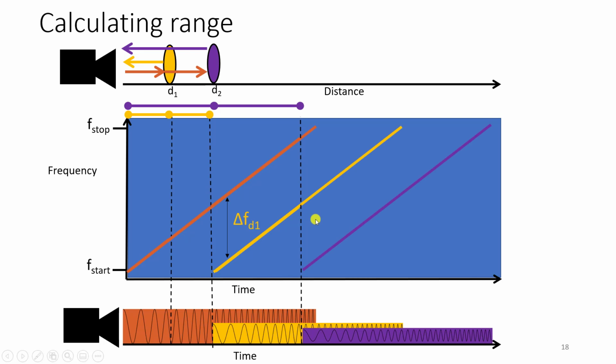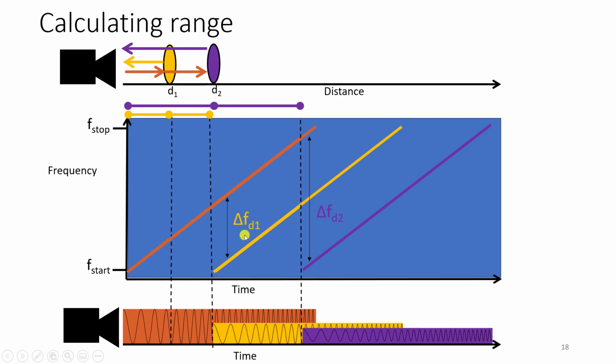And so we can see that when it starts to receive the waveform from D2, which is the same delayed copy of the transmitted waveform, it has a much higher frequency difference. And this higher frequency difference corresponds to a distance that's farther away.